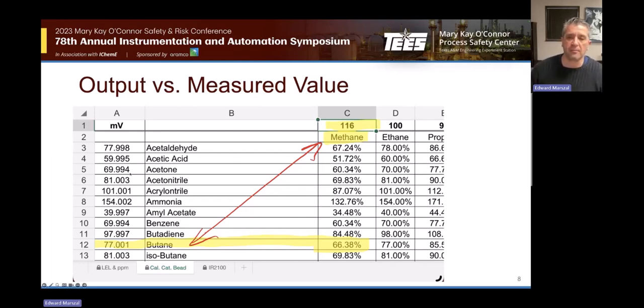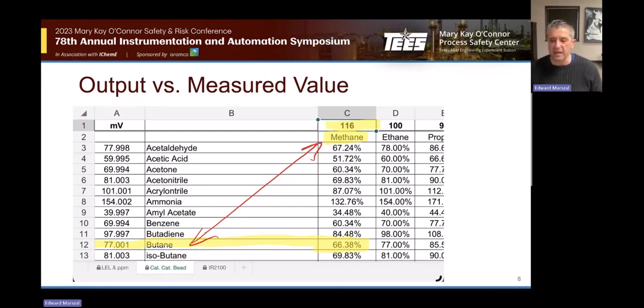Now, all these numbers for millivolts are going to be based on a brand new device. So this is kind of what they expect for a brand new device coming out of the box in the laboratory. These millivolt numbers, I've already explained to you in the calibration process, are going to change over time.